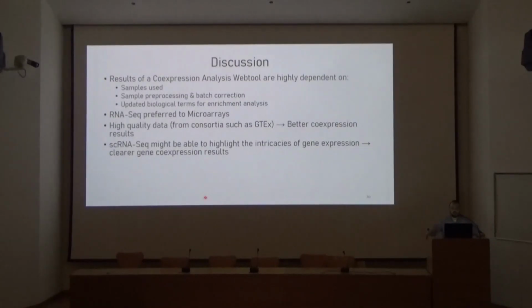And if we want to get a discussion out of the results, we can say that in general, co-expression analysis really depends on the type of samples that is used and on sample reprocessing and batch correction. I mentioned that since there are not only HGCA but also GeneFriends use GTEx as a main source for their data, yet we got really different results out of them.